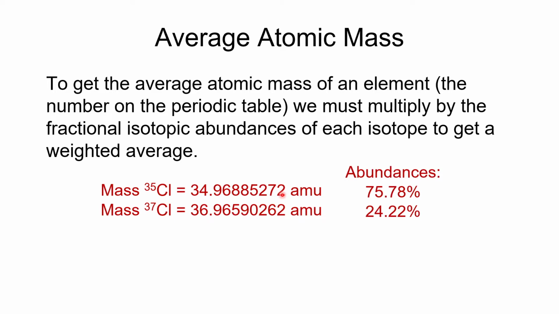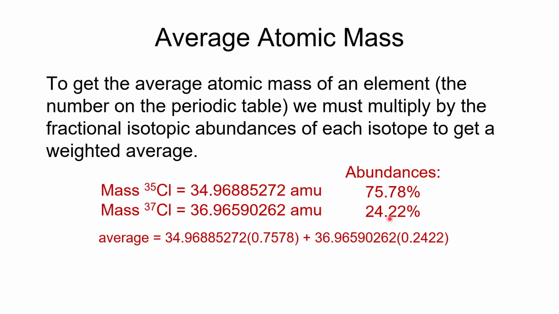To do the fractional, we need to take these percentages and make them a fractional number. In other words, we'll take the percentages and divide by 100. So this will become 0.7578, and this will be 0.2422. So you'll take this mass, multiply by 0.7578, and then this times the 0.2422.